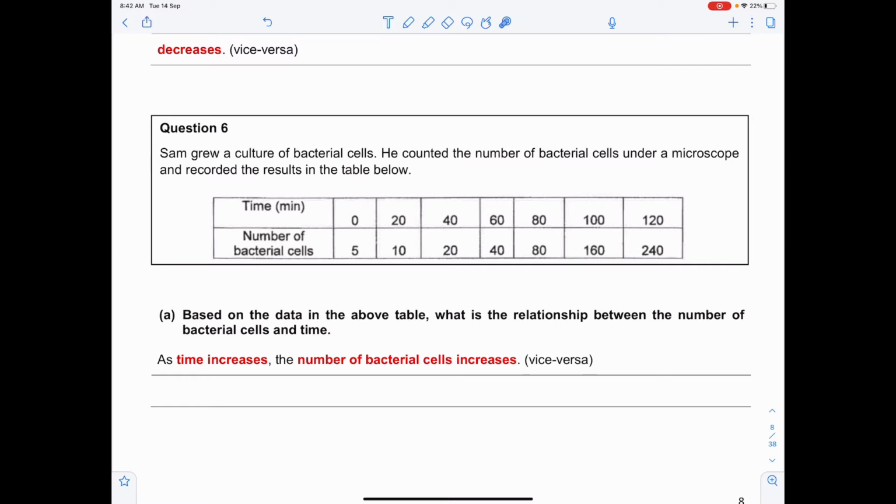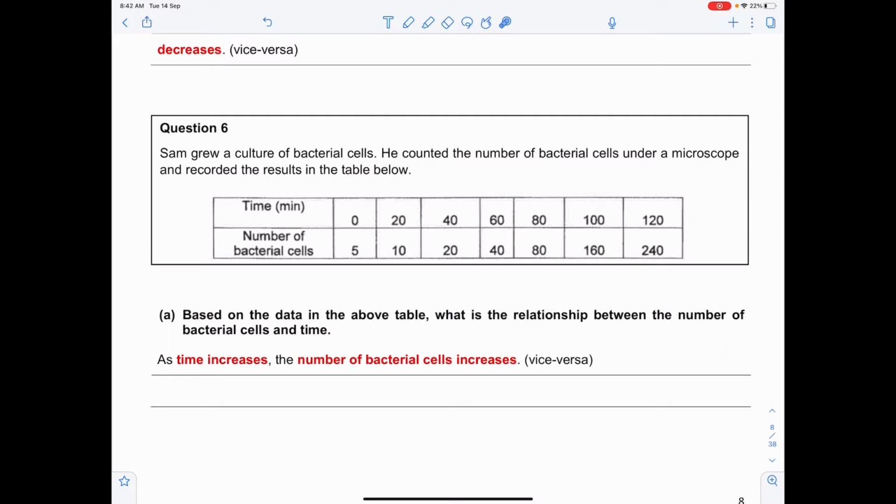So if you take a look at it, as you increase the number of tracing paper, the amount of gas is decreasing. So you can write a short note. Okay, so as tracing paper increases equals to decrease in gas. Something simple like that to help you make sense of what is happening. Okay?